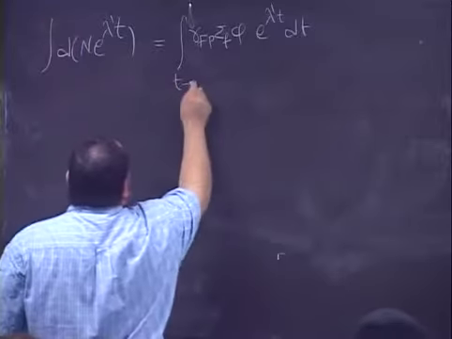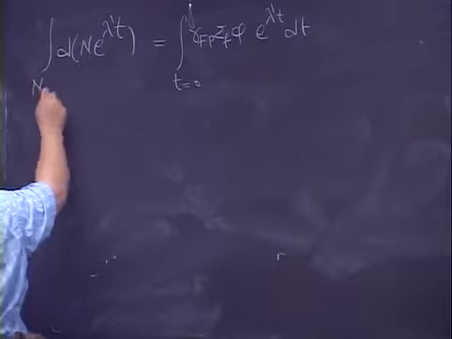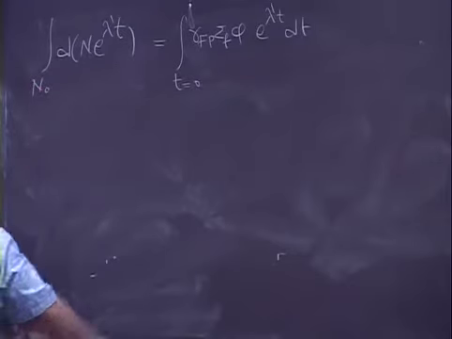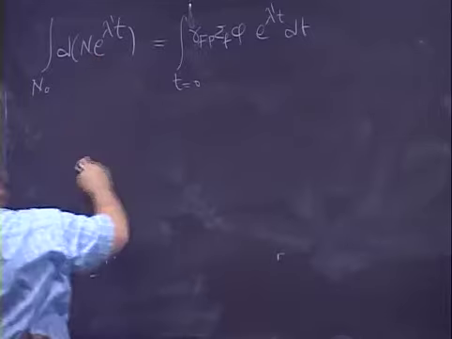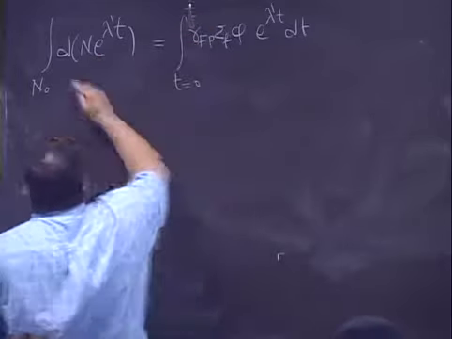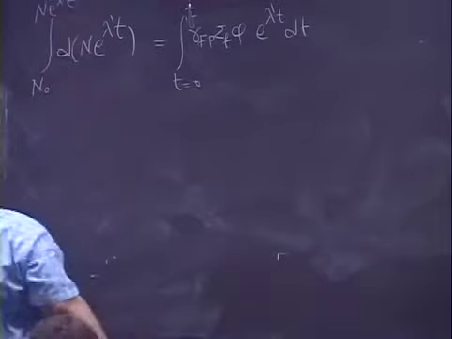At t equal to 0, we have n naught, the initial number, multiplied by e to the power of 0, which is 1, and at time equal to t we have n e to the power of lambda prime t.